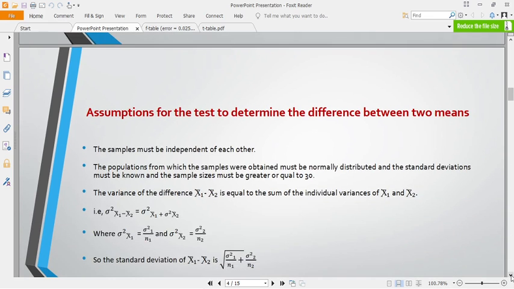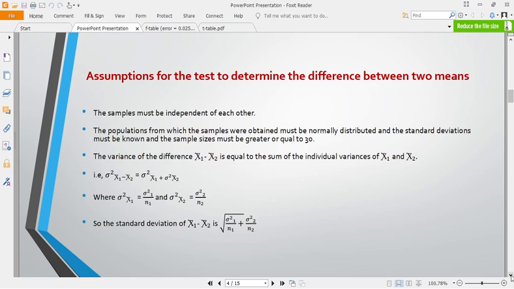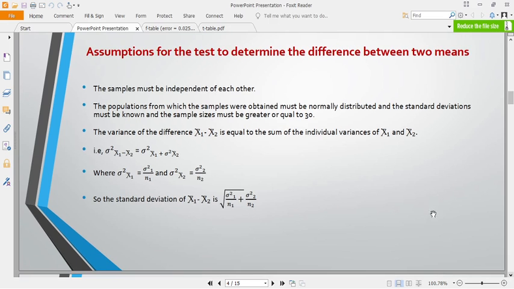So there are different assumptions when testing the difference between two means. These two samples must be independent of each other. For example, in the previous example, students applying in an institute should not in any way affect students who apply in a university.